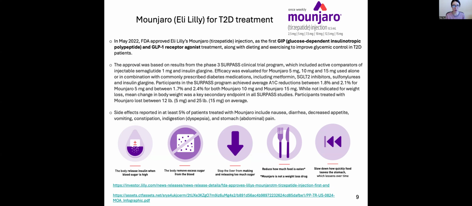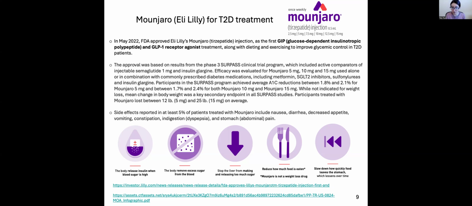Participants in this SURPASS program, they're able to achieve an average HbA1c reduction between 1.8 to 2.1% for taking Mounjaro 5 mg. And if they take Mounjaro 10 or 15, they're able to reduce their average A1C by 1.7 to 2.4%.